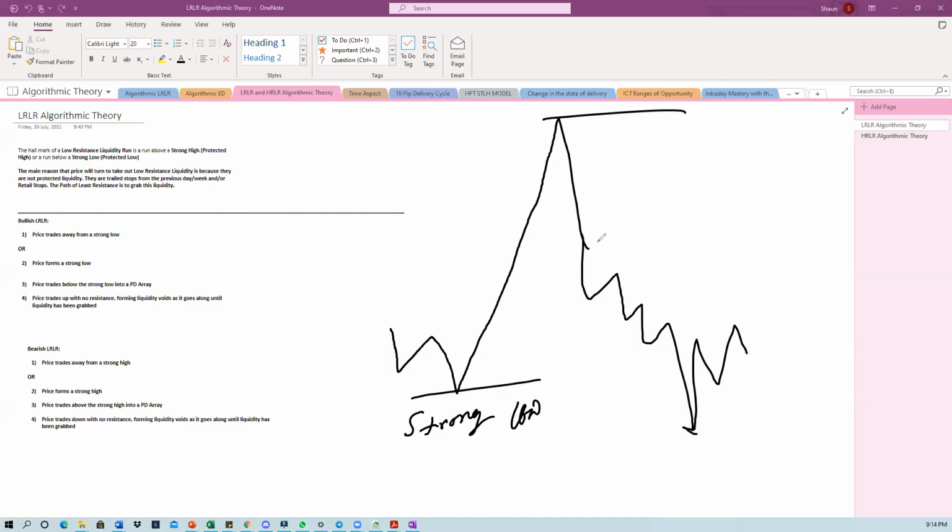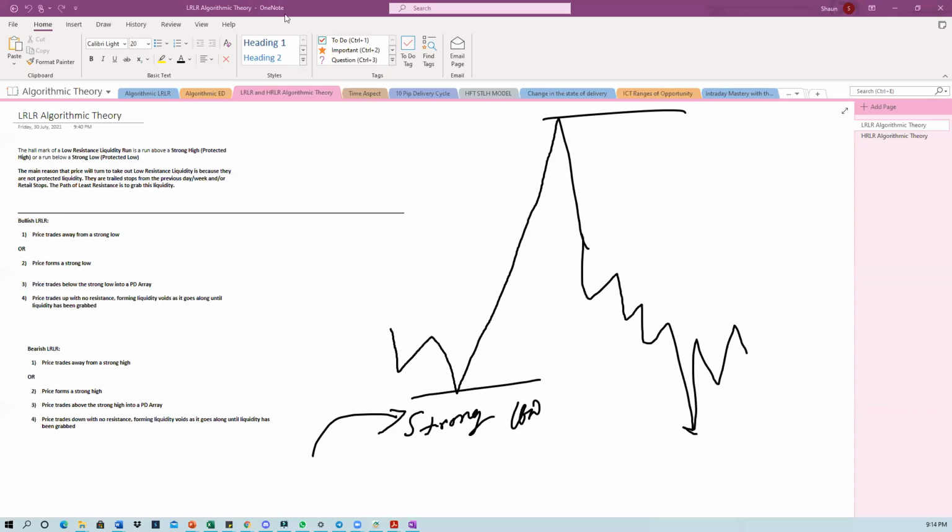At the same time, you need to have something below this strong low, which is what? A PDA, a discount PDA. So order block, fair value gap, breakers, whatever. You want to have those below your strong low.